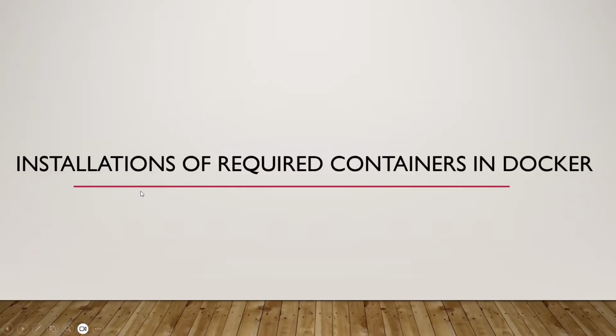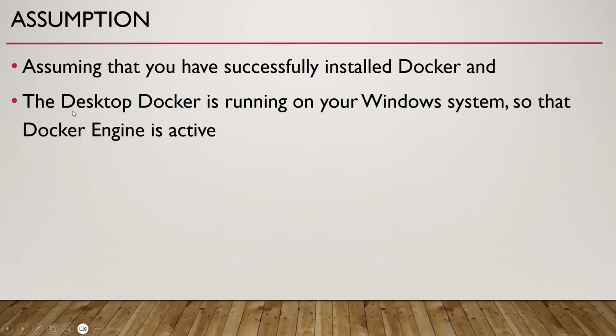Now let us see the installations of required containers in Docker when we want to use the Evolution API. I assume that you have successfully installed Docker and that Docker Desktop is running on your Windows system so that the Docker engine is active.